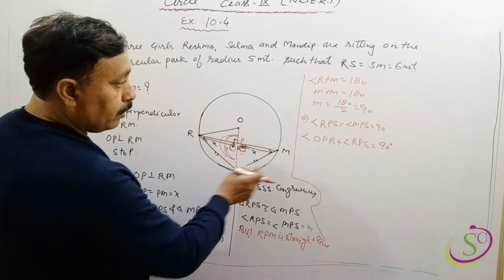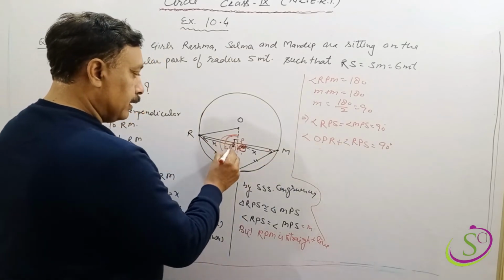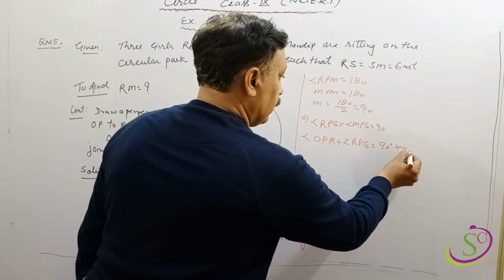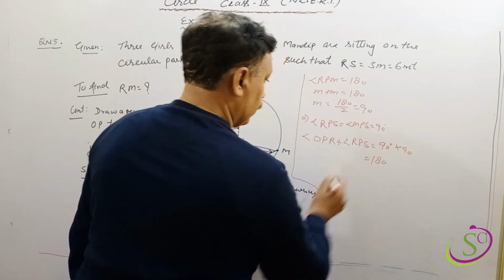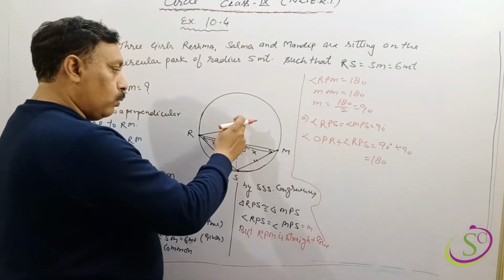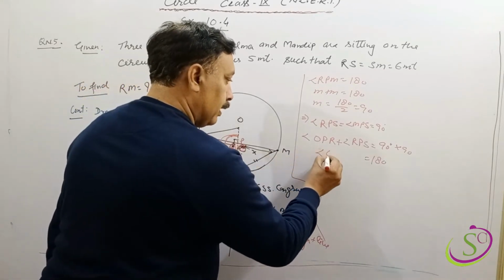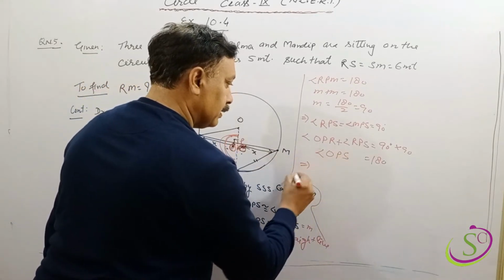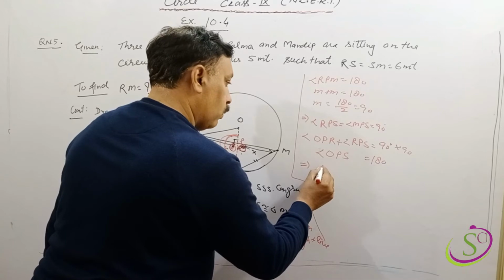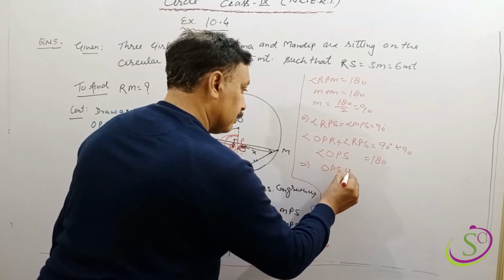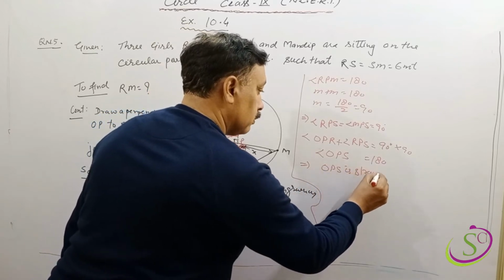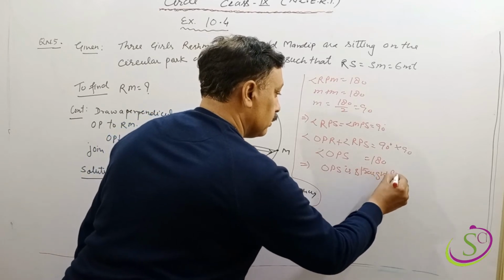And RPS and this angle is also 90, so become 180, and this whole angle become OPS. Angle OPS, what it means? OPS is a straight line.